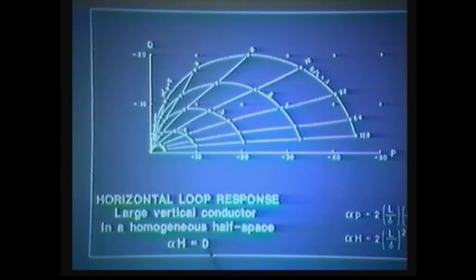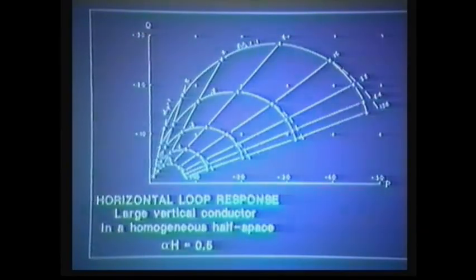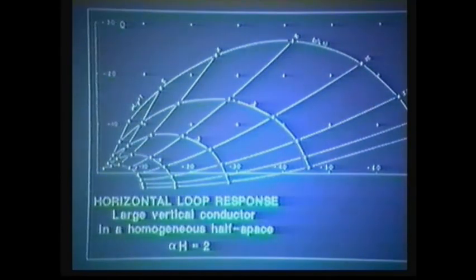A homogeneous half space of zero conductivity gives us our standard diagram. As we start to increase the conductivity of the half space, we start to introduce a significant amount of galvanic current component. We also phase shift the eddy current flow, and you'll see that changing.